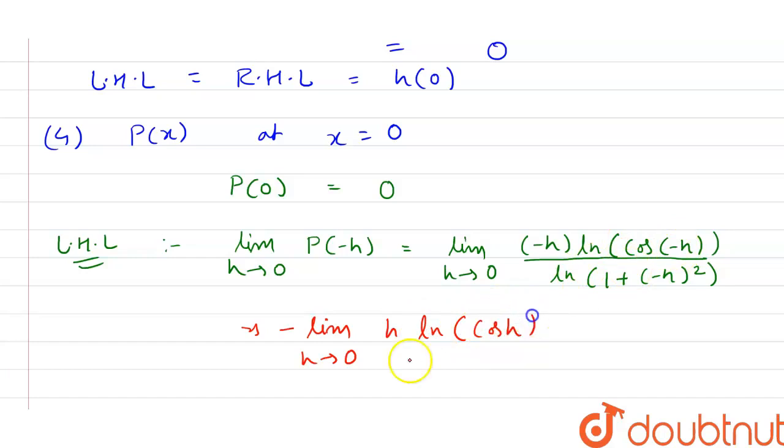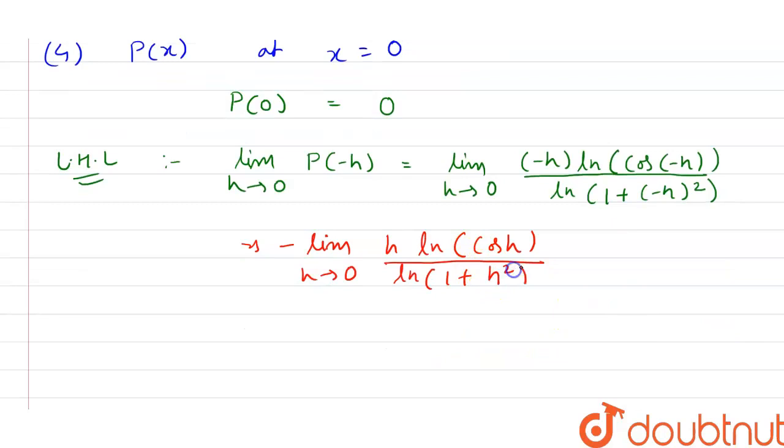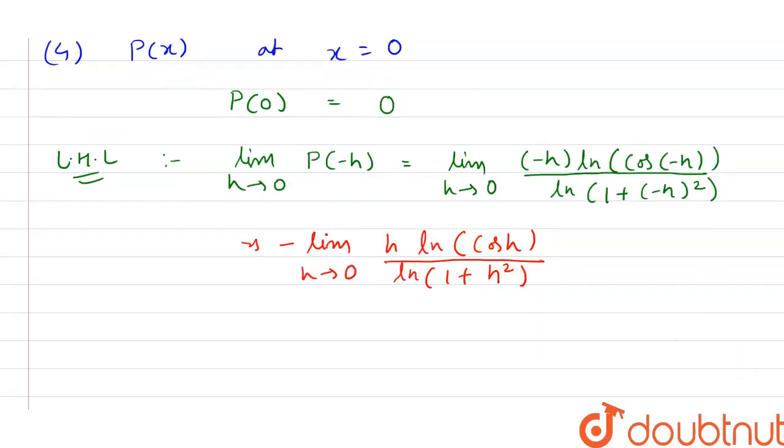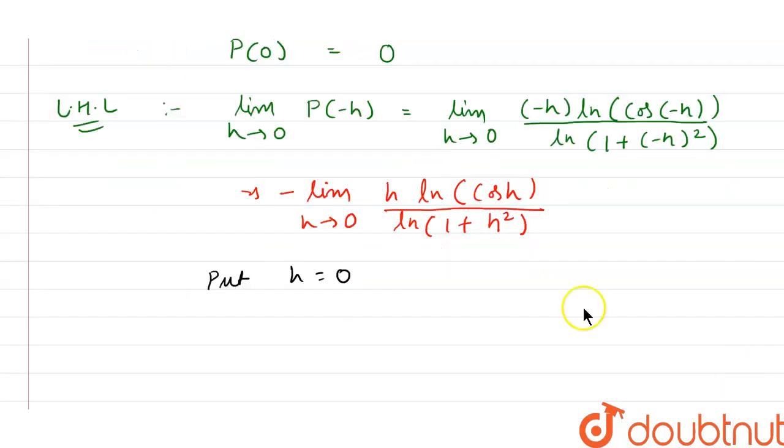Now if we put h is equal to 0, the whole numerator becomes 0, upon ln 1, and ln 1 is equal to 0. So this is in the form of 0 by 0.